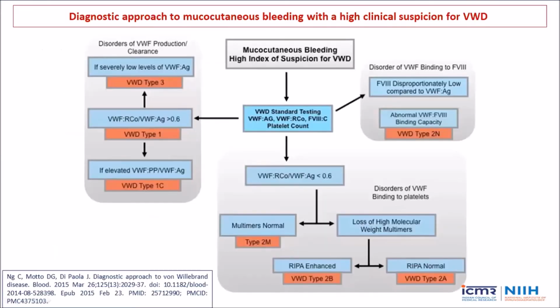Now, this is a schematic of the diagnostic approach to mucocutaneous bleeding with a high clinical suspicion of von Willebrand disease. So, if you have mucocutaneous bleeding with a high index of suspicion for von Willebrand, you do the standard testing, then von Willebrand ristocetin cofactor, then you do the antigen.